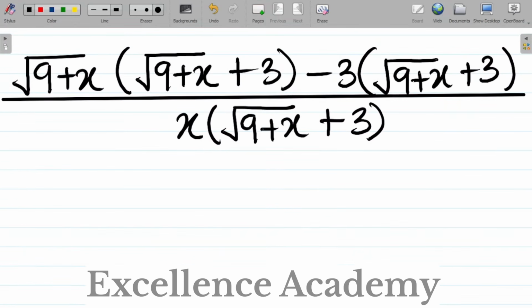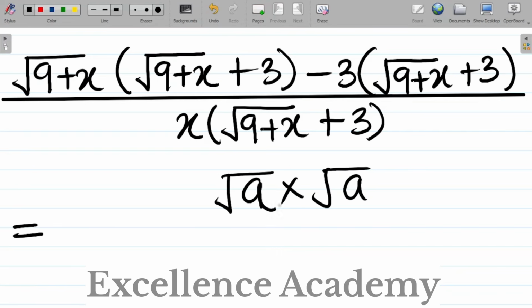Working on this here, we use this to multiply this. One of the things you want to note is that if I have root a multiplying root a, the answer is a. So when the square root of a term multiplies itself, your answer becomes the term there. That's the concept behind this. So how does this affect our solving?